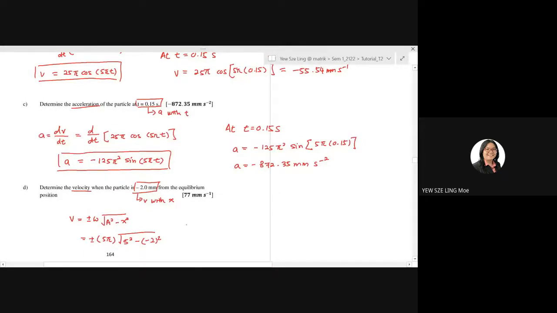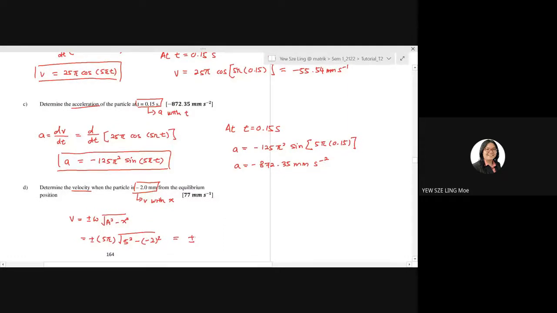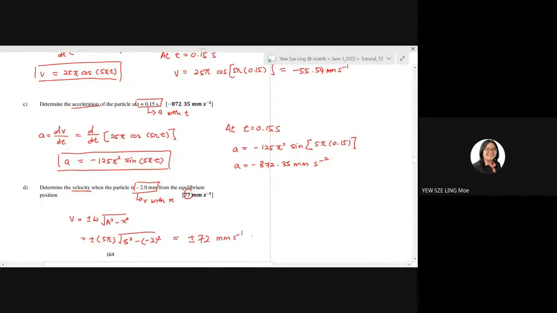So V is then equal to plus minus, well, you try to see whether the answer is 77 or 72, because the answer scheme given is 72. So you try to check whether the answer is 77 or 72. I'm not sure which one is correct. So plus minus 72 mm s negative 1.